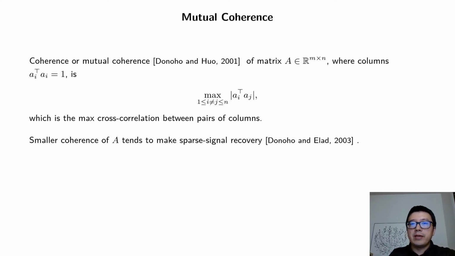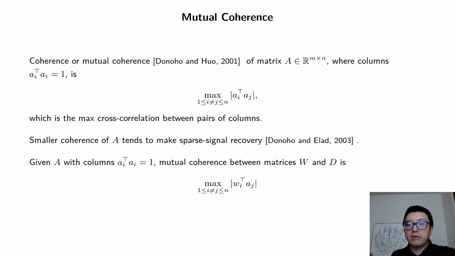The coherence of a matrix with normalized columns is the maximum absolute value of the inner products of different columns, which is the maximum cross correlation between pairs of columns. If we have a low coherence, sparse recovery from the measurement using A will be easier. And this was shown by Donoho and Elad back in 2003. There's also mutual coherence between two different matrices. Suppose matrix A has normalized columns, then the mutual coherence between two different matrices is the maximum of their cross inner products.